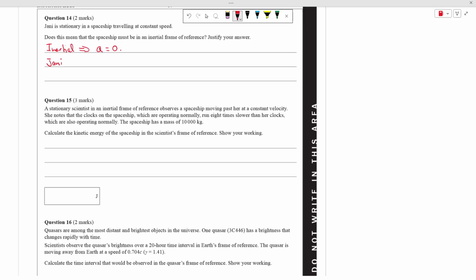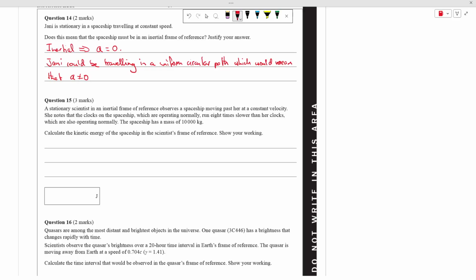Yani could be traveling in a uniform circular path, which would mean that acceleration is not 0.